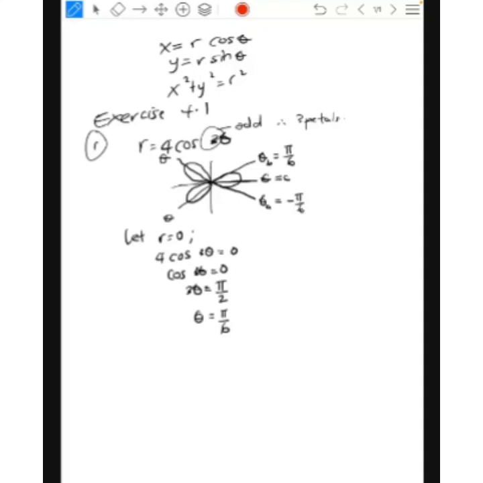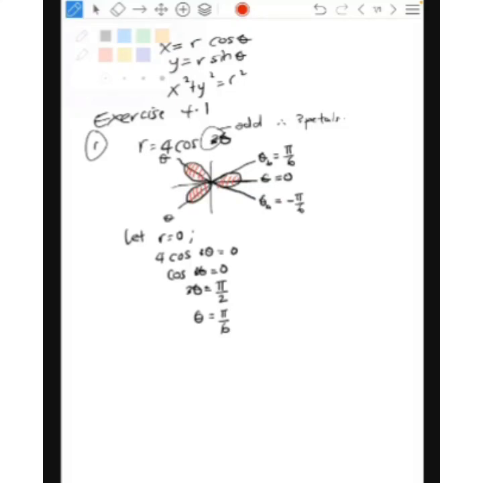Okay, so when the question asks to find the area of the region enclosed by the rose curve, it means you have to find all the petals, all the 3 petals. So you have a few ways to do this, depending on what angle you take.